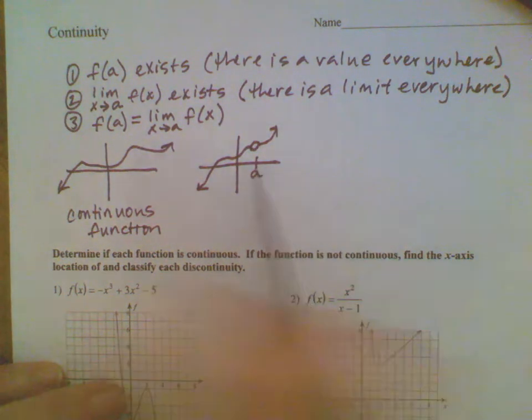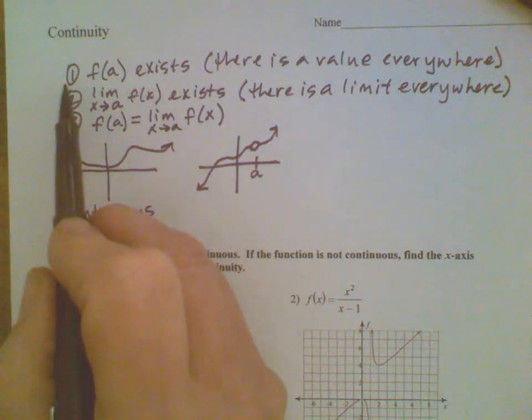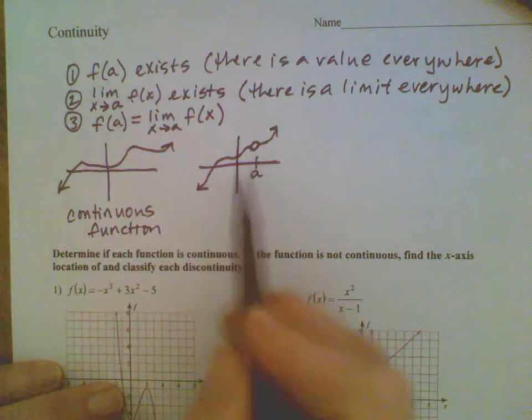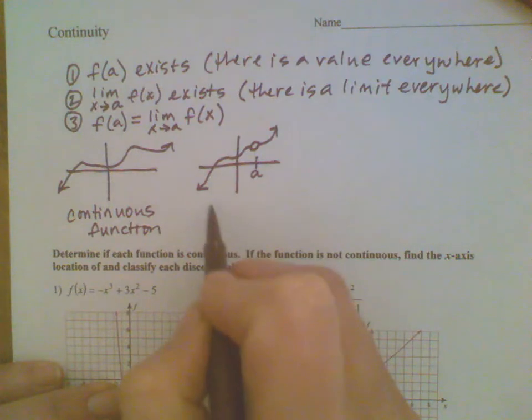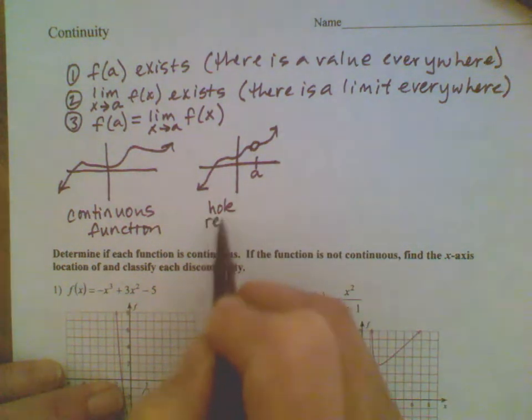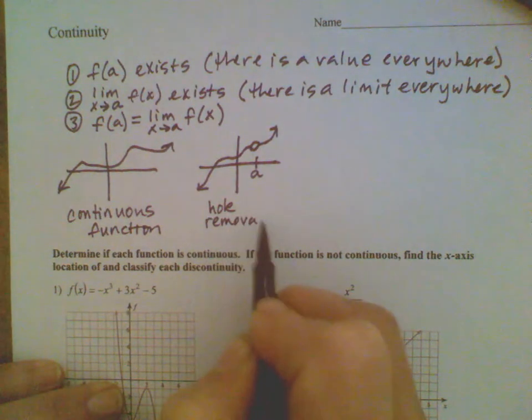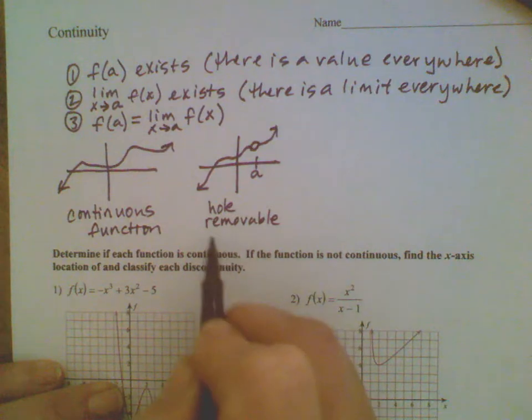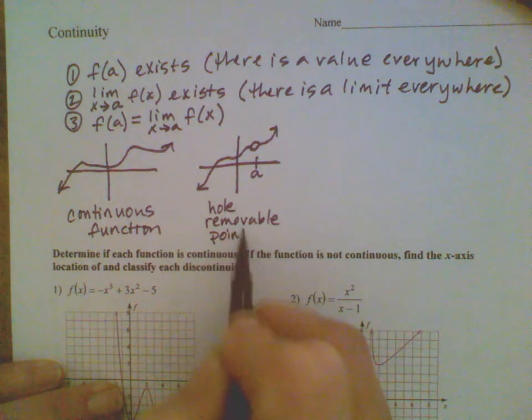The first stop here fails. I've heard it referred to as a hole. I've heard it referred to as removable. And I've also heard it referred to as a point discontinuity.